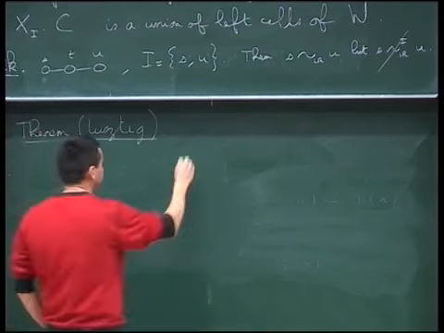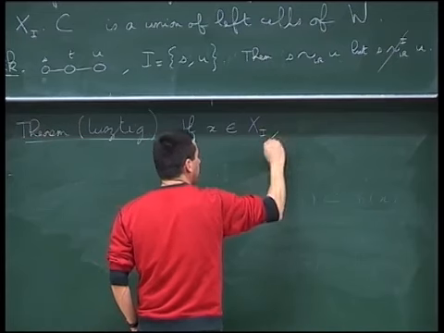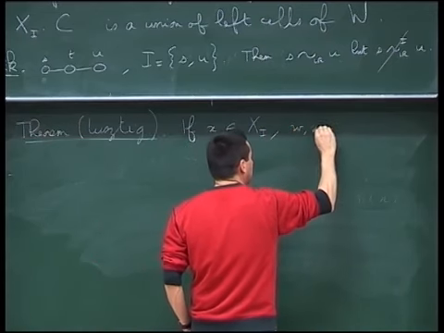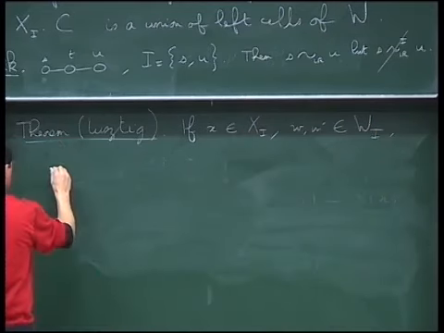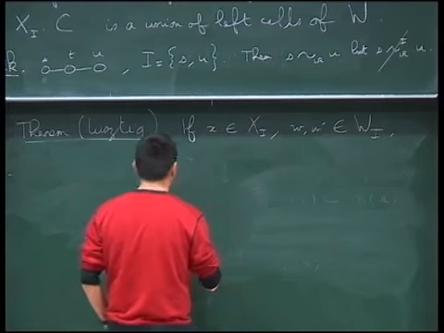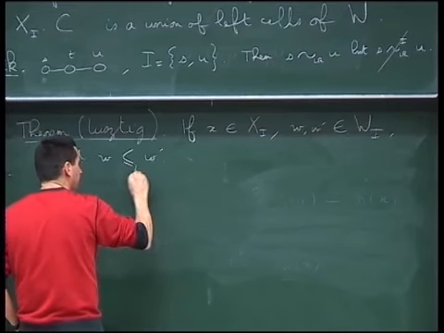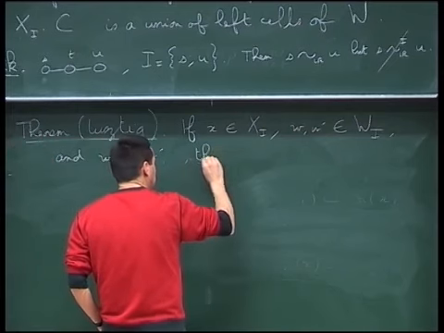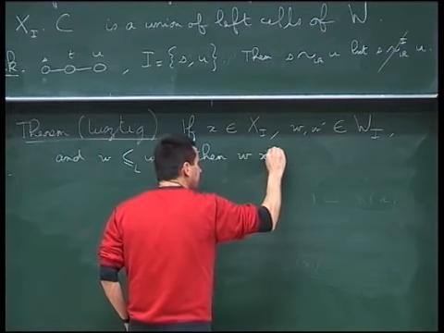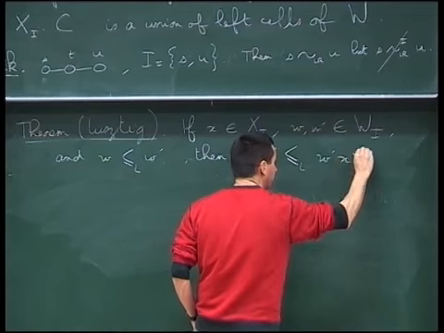So if X is in X_I, and if w, w' are in W_I, and w is related to w' by the left preorder in W_I or in W, that's the same thing again, then w times X inverse is less than left w' times X inverse.